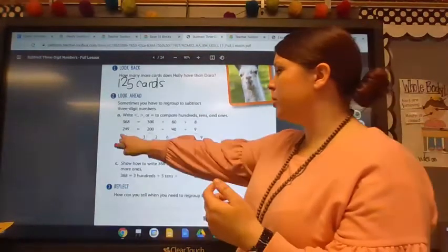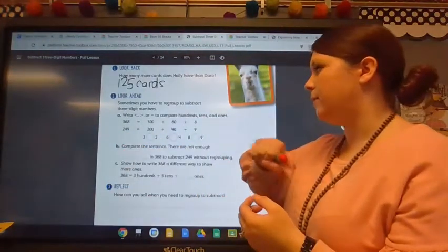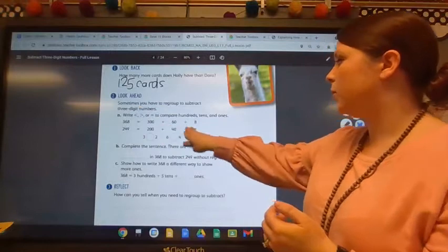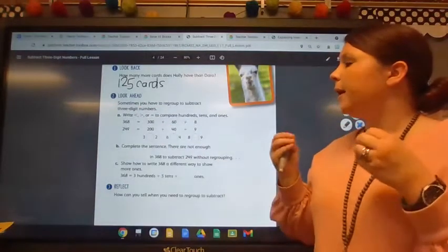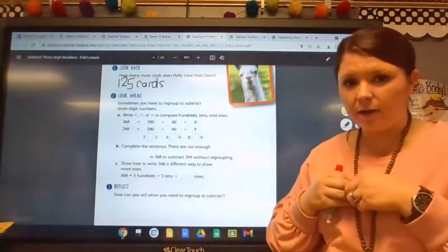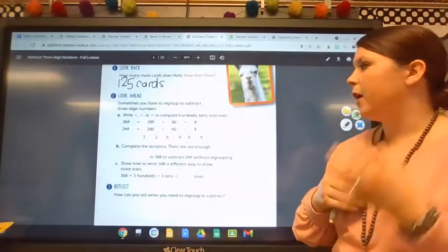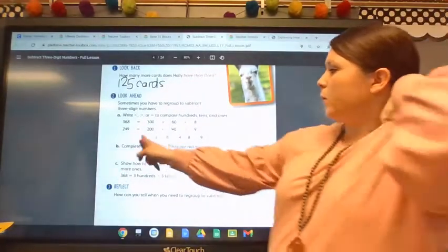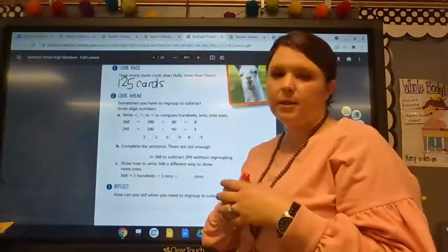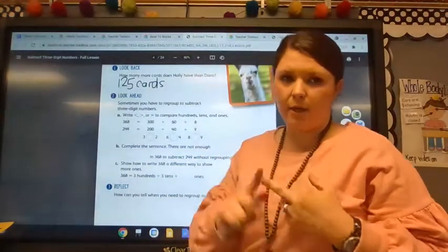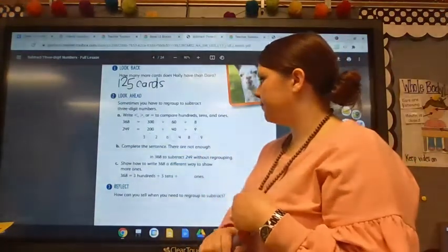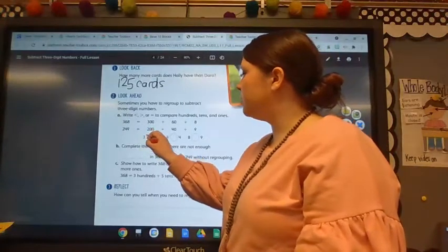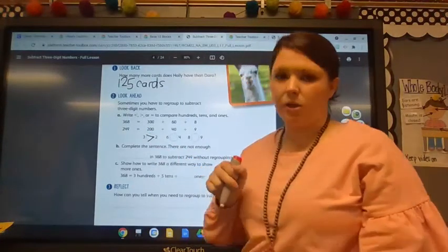Then they took 249 and wrote that in expanded form, 200 plus 40 plus 9. And we're going to compare the hundreds, the tens, and the ones. So 300s and 200s. Is that greater than, less than, or equal to? 300 is greater than 200s.